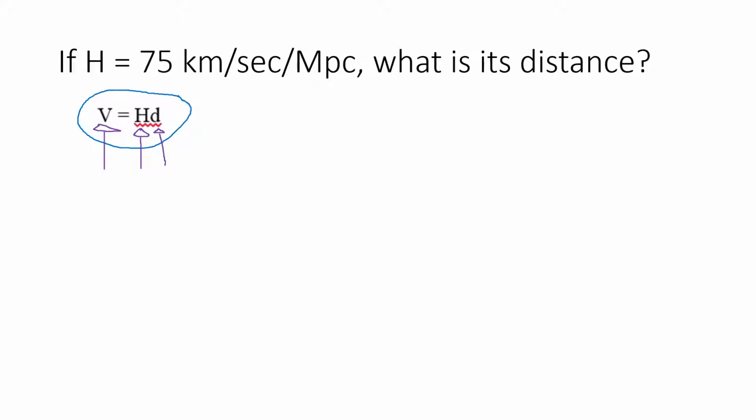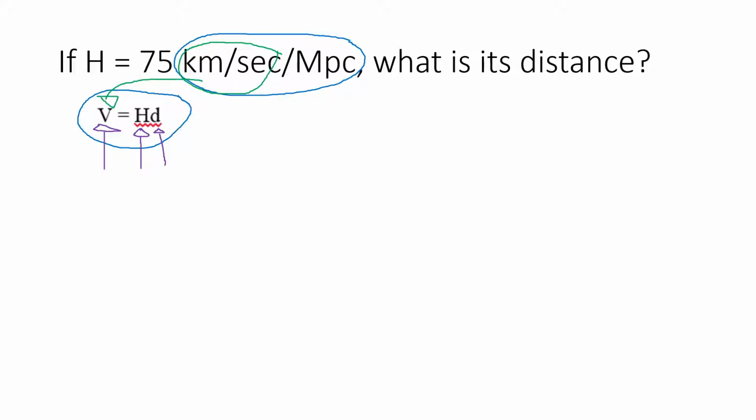Now, a word of warning about the units of the Hubble constant. The units of the Hubble constant are a little wonky. They are kilometers per second per megaparsec. And that's because h is sort of a unit conversion or a currency conversion back and forth between velocity and distance. So the kilometers per second, that refers to the recessional velocity.